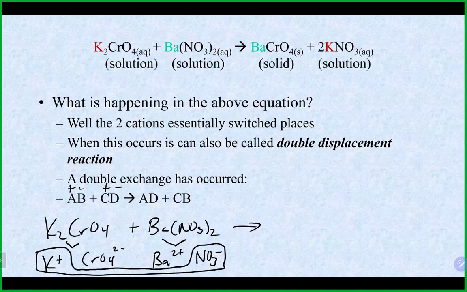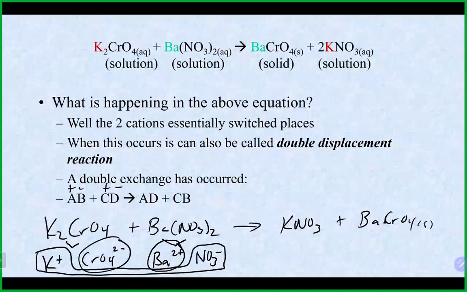In this case, we have a +1 and a -1, which means you only need one of each, which gives you the proper formula. And when this one comes together with this one, that is a +2 and a -2, which means they're going to come together in a 1-to-1 relationship, which will give you this.